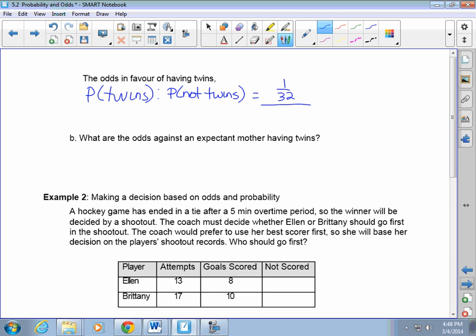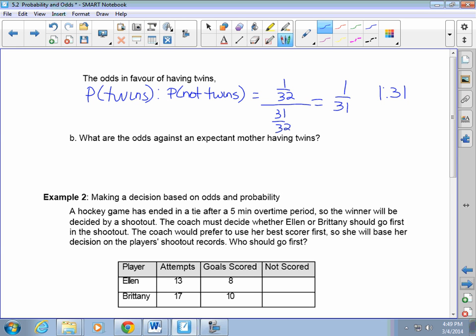Probability of not having twins was 31 over 32. So if we multiply by our reciprocal, we're left with 1 over 31. So as a ratio, this would be 1 to 31 odds in favor of having twins.